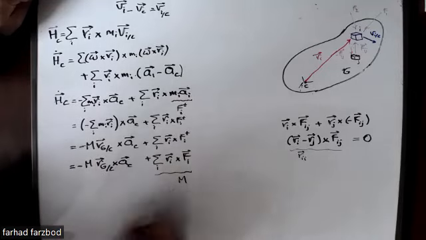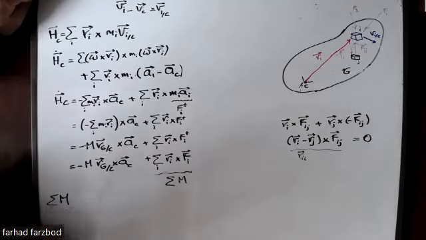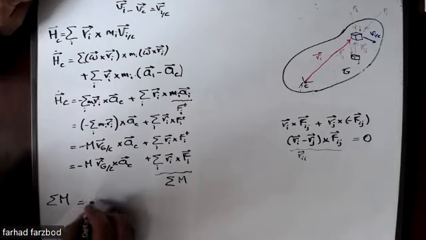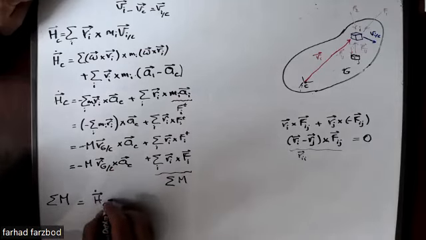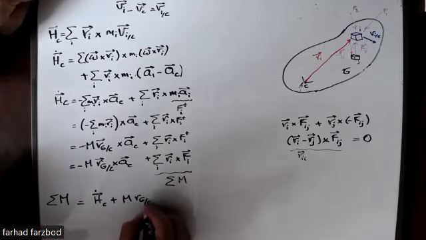So now I have all the moments, let's say sigma of moments, equal to H dot of C plus M RGC cross AC.